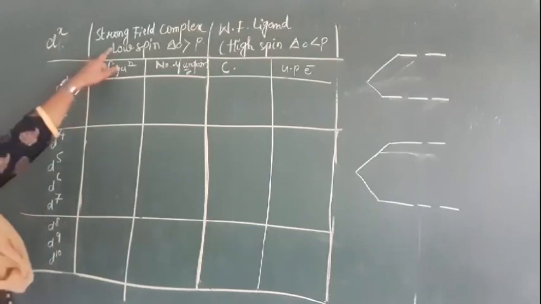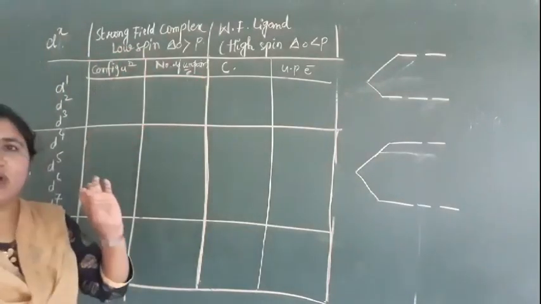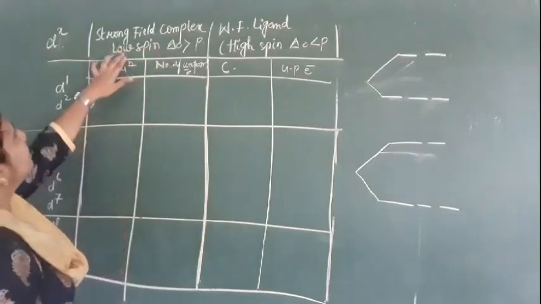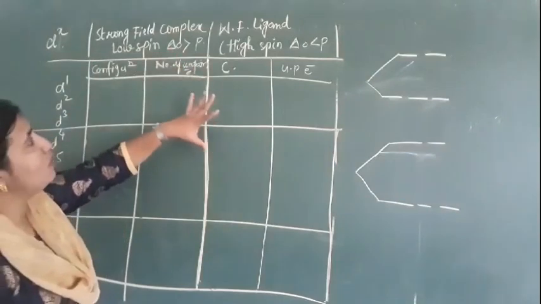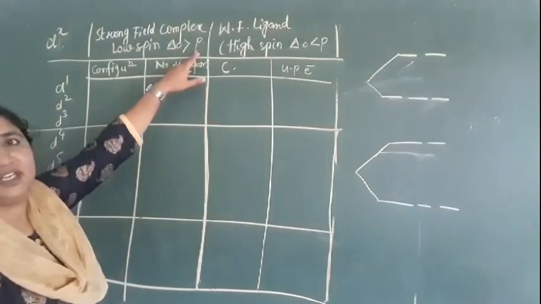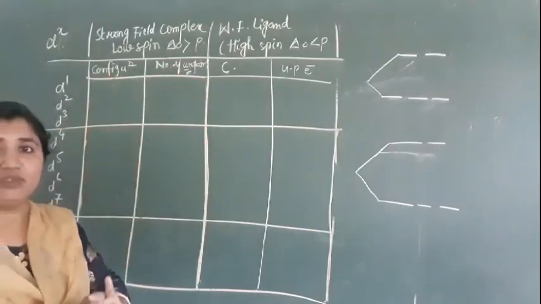So here I have made two columns. In strong field complexes, it will be low spin, where the splitting delta O is more than the pairing energy. So that's why the fourth electron enters into the T2G here.